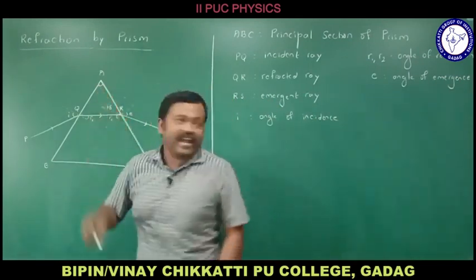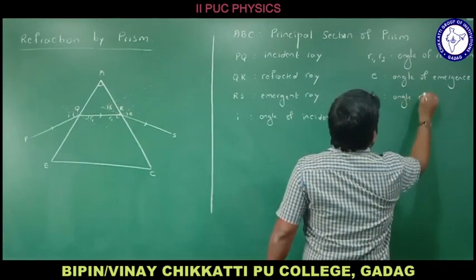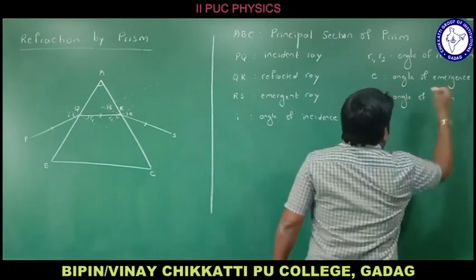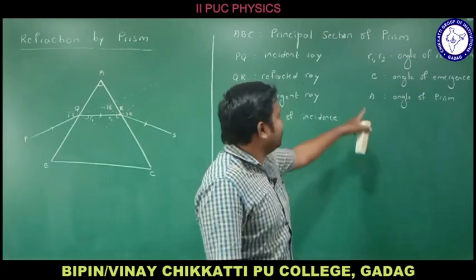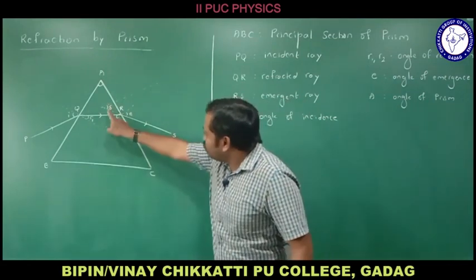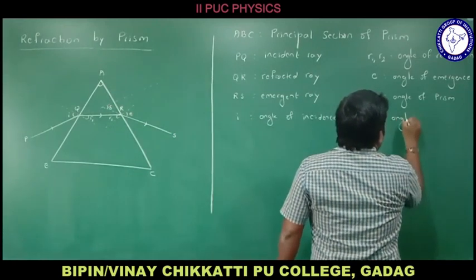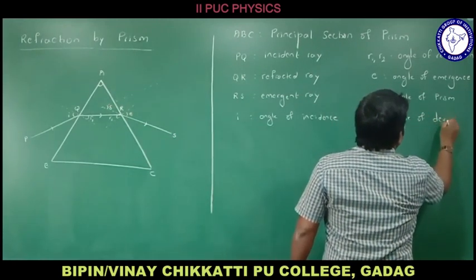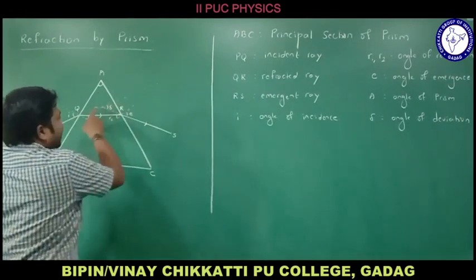What is angle A? Angle A is angle of prism, right? The angle between two refracting surfaces we call the angle of prism. Then what is delta here? Delta is the angle of deviation, the angle between incident ray and emergent ray.